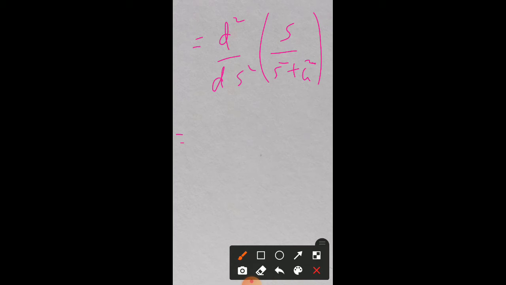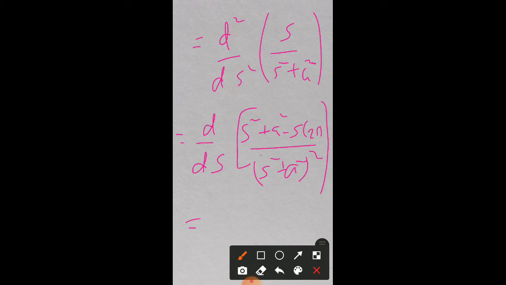That is d upon ds of, it will become s square plus a square whole square, and here s square plus a square minus s into 2s. That is d upon ds of this, which is nothing but a square minus s square upon s square plus a square whole square.